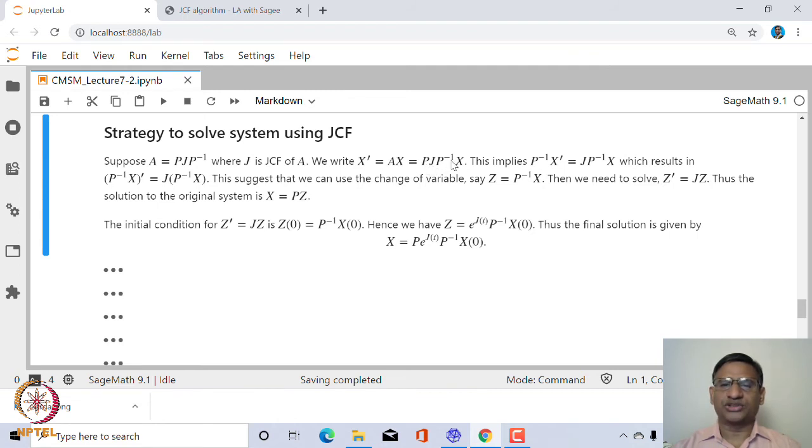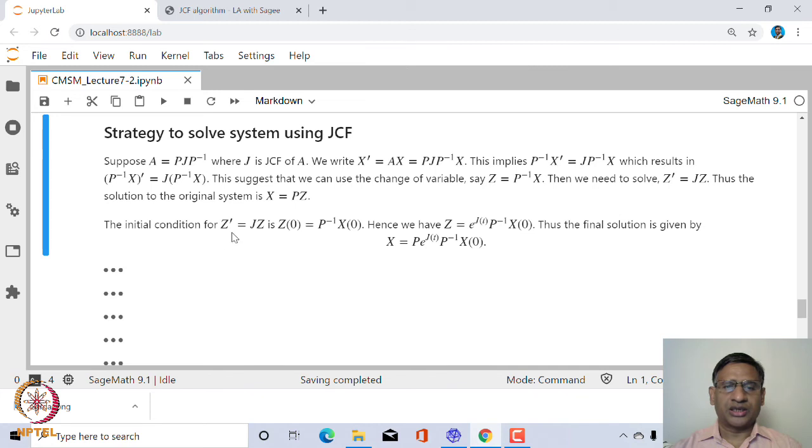So multiply both sides by P inverse, and you have P inverse x dash is equal to J into P inverse x. Now if you substitute P inverse x equal to Z, then the system becomes Z dash is equal to J Z, and with initial condition x0 given, Z0 will be P inverse x0, right.